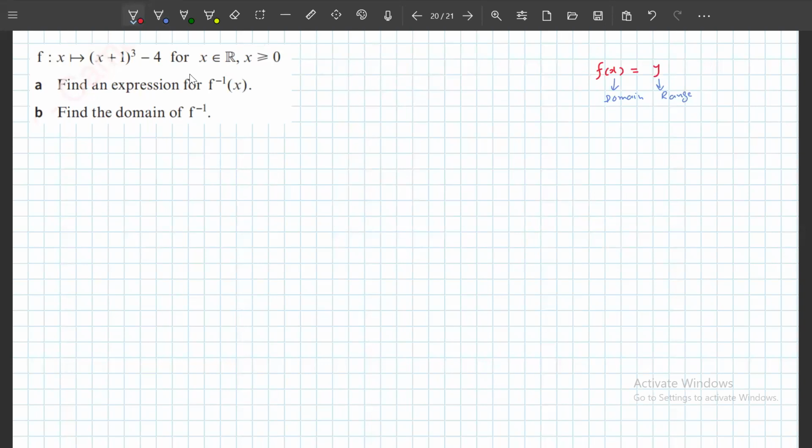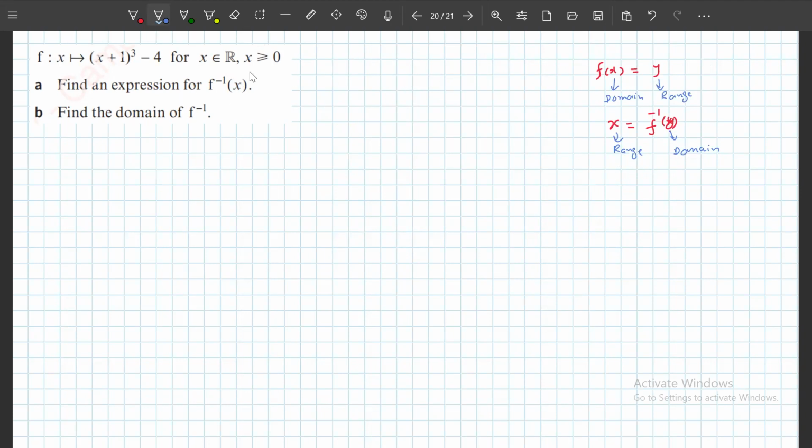Once you change this function into the inverse, x is now the range, and this one changes into the domain. So remember, once you change a normal function into an inverse function, domain and range will change. The domain of function f will convert into the range of f inverse. We will apply that at the end of this question.